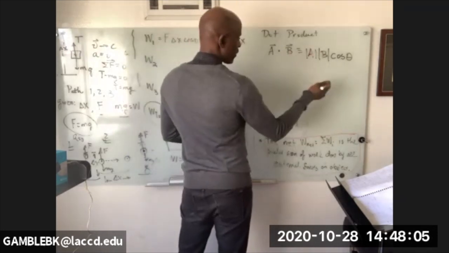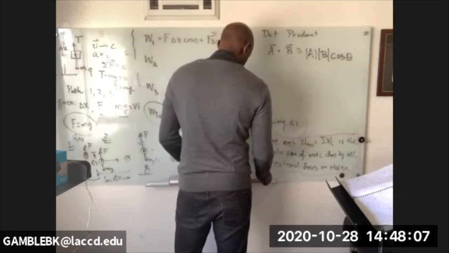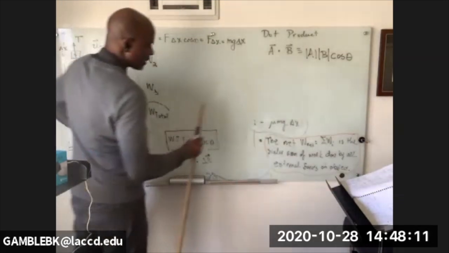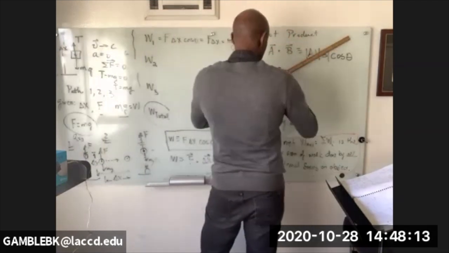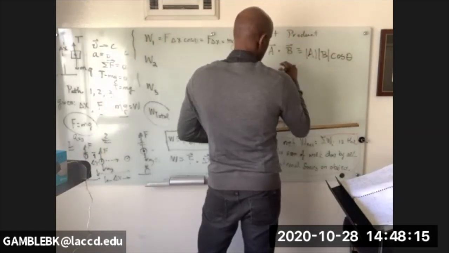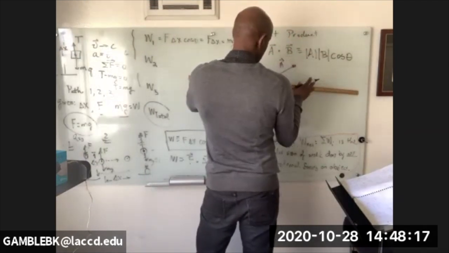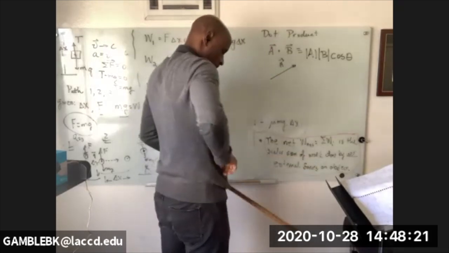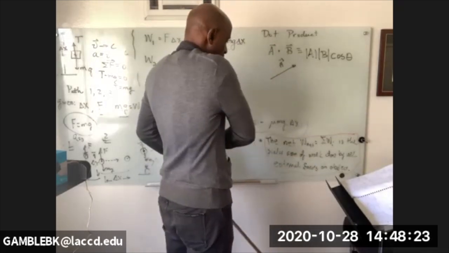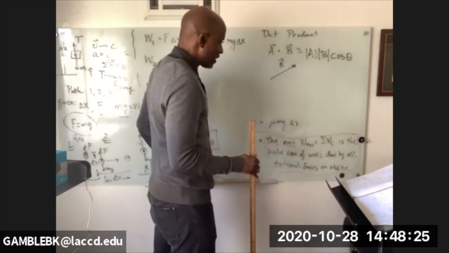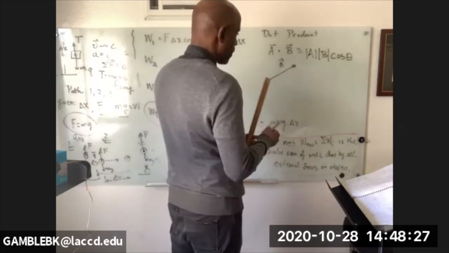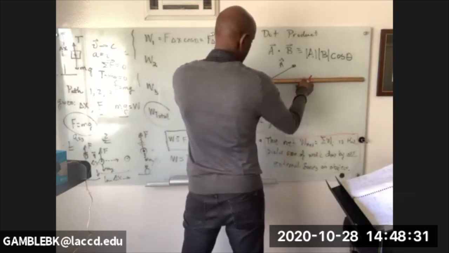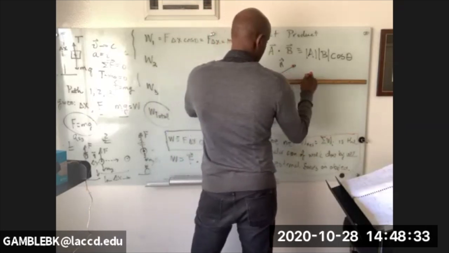It's the projection of one vector onto another. That's the geometric interpretation. So if I have a vector like A here, and some vector B like so, let's use a different color. What you're actually doing is finding the projection of one vector onto the direction of the other vector.